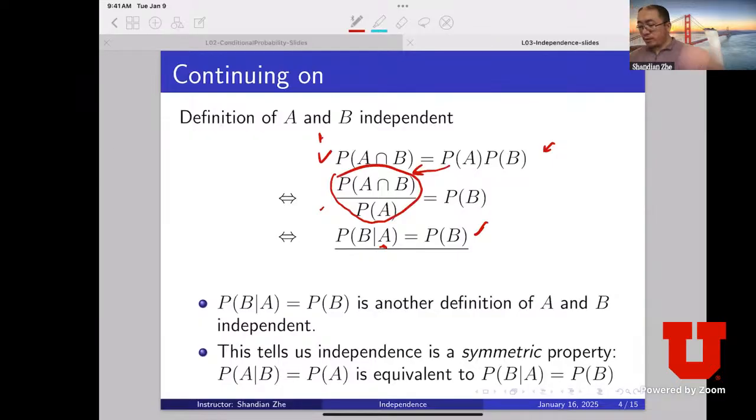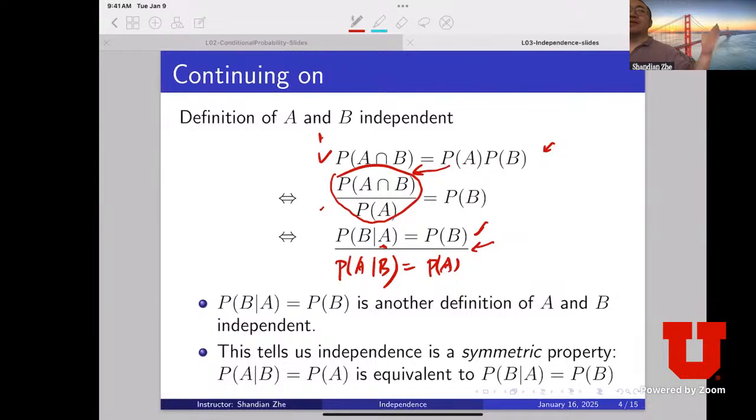And remember, when we first introduced independence, what we said is that the probability of A should be equal to the conditional probability of A given B. Now, through the definition and some simple rearrangement, we arrive at this conclusion: the conditional probability of B conditioned on A is the same as the marginal probability of B. So we get our third definition of independence.